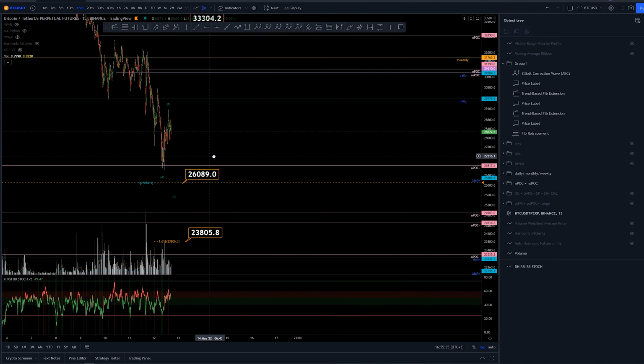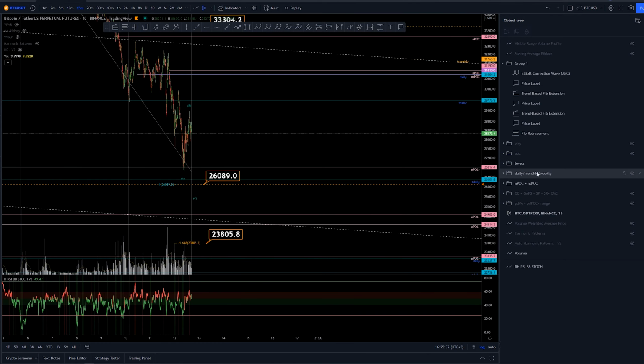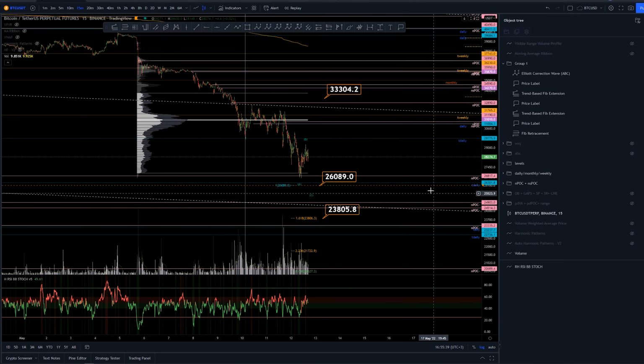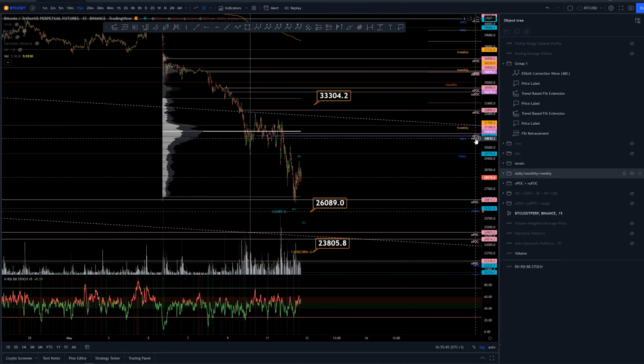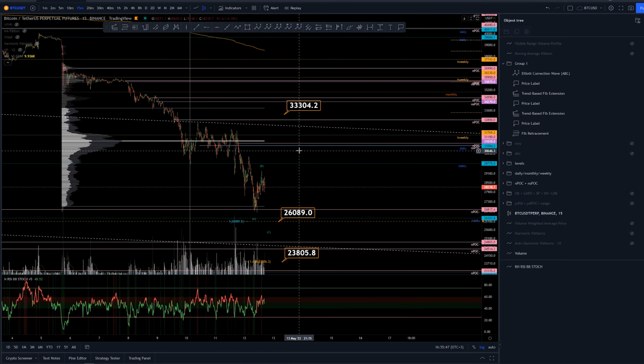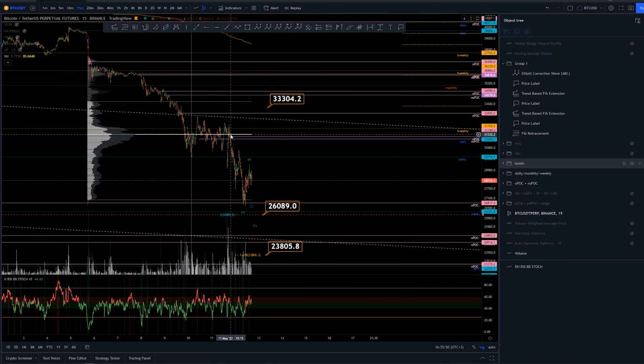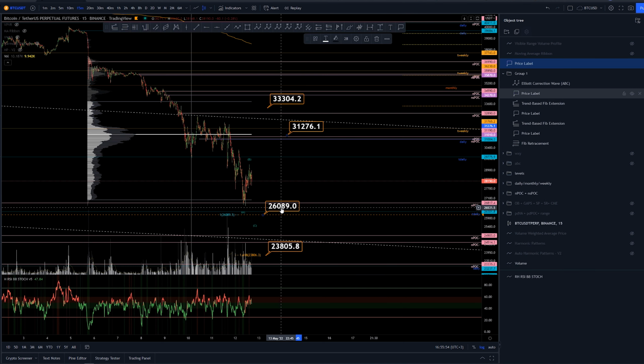Definitely no surprise. Any other interesting levels? I'm placing this volume profile here, but we can basically see that there is only this level here with a point of control and naked point of control and a daily basically all stacked up, and naked session point of control as well.